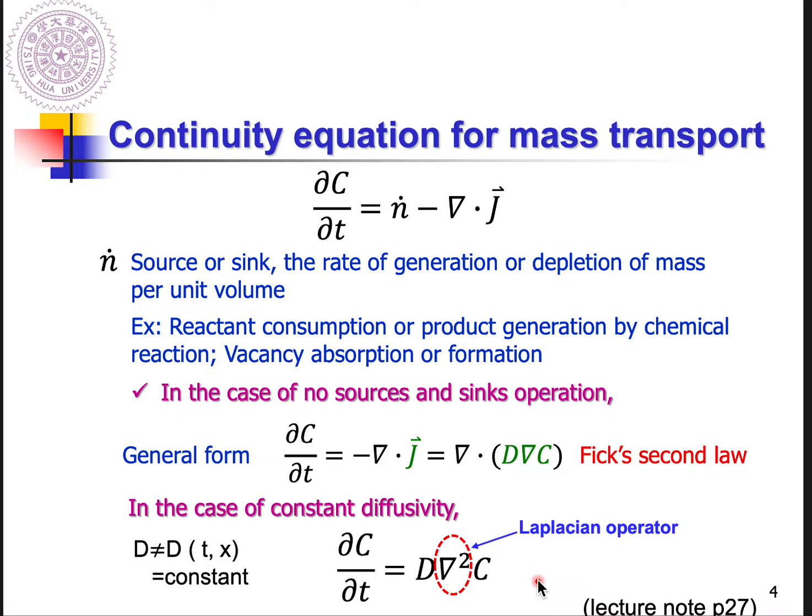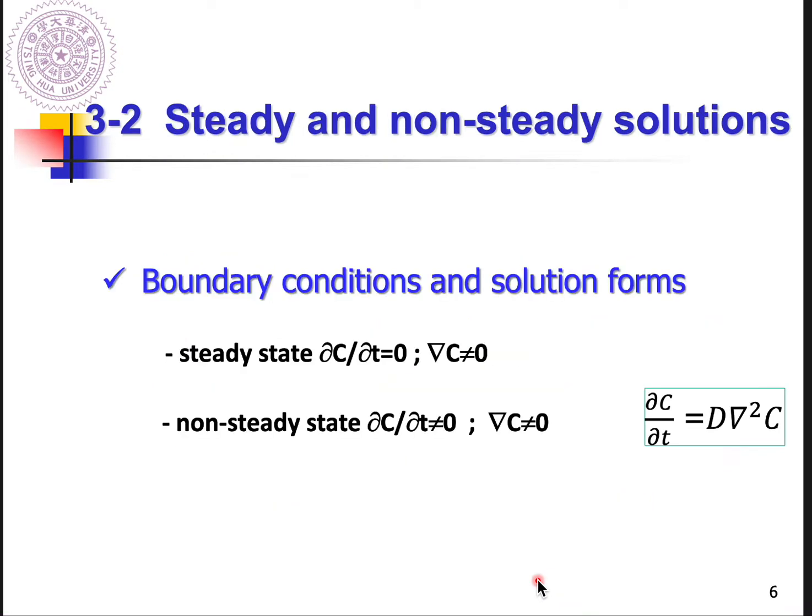Next, you need to determine what kind of boundary condition we are dealing with in your material system. Is it a steady state or non-steady state? As we mentioned before, no matter whether it's steady state or non-steady state, there still exists a concentration gradient, right?